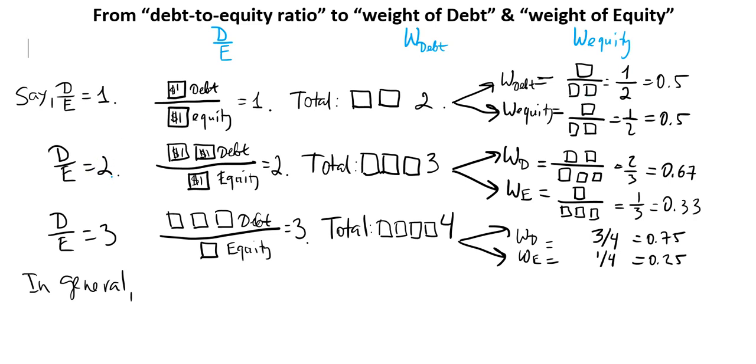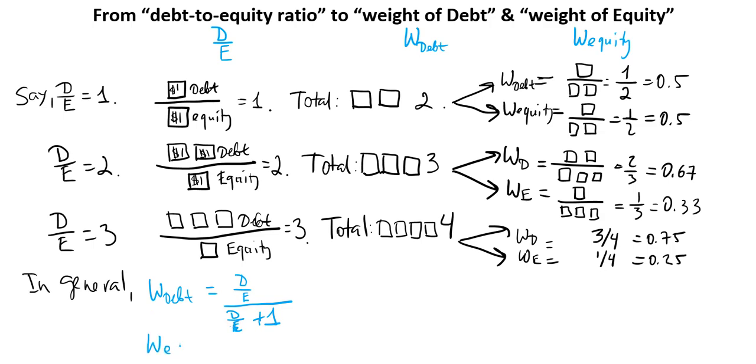When the debt to equity ratio is 2, the weight of debt is 2 divided by 2 plus 1. And here it's 3 divided by 3 plus 1. So the weight of debt is always calculated by taking the debt to equity ratio and you divide it by debt to equity ratio plus 1.